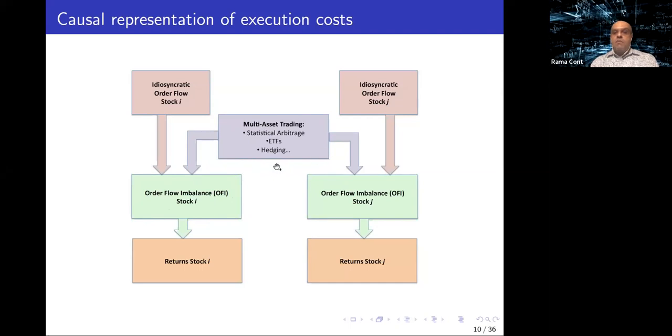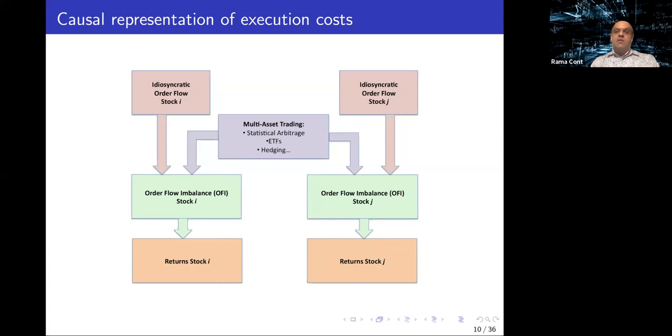Because there is this common component of order flow, triggered by entities simultaneously trading in I and J, this leads to correlations across the order flow imbalances of stocks I and J. Therefore, you will see correlations in the returns of stock I and stock J. If the relation between the return and the order flow imbalance is linear, as we assumed in the beginning, then the correlations between the returns should closely reflect the correlations between the order flow imbalances. And you should need nothing more to explain all these things.